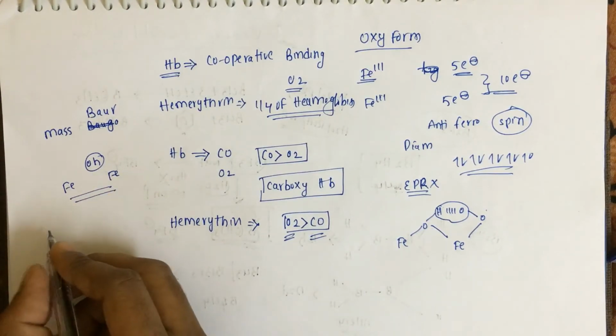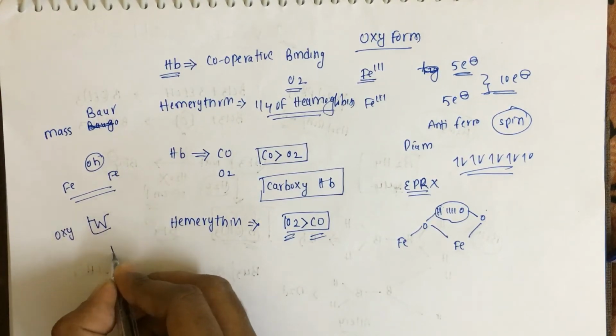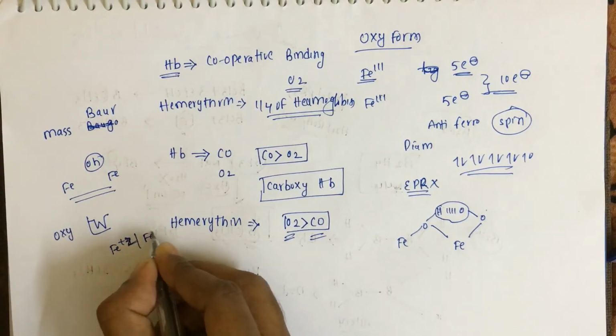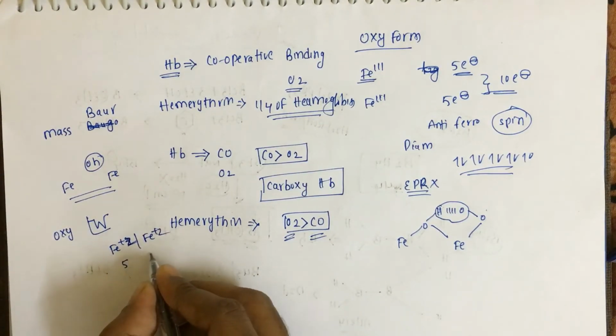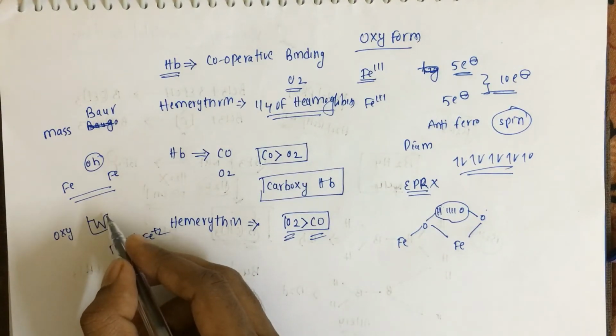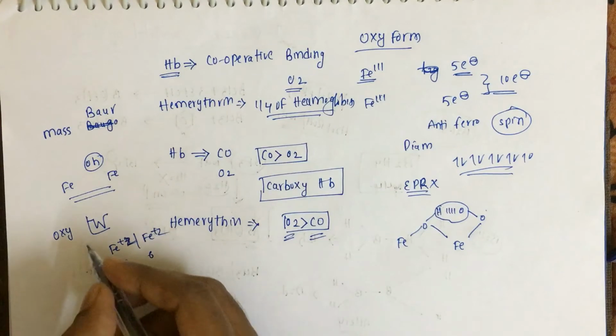So definitely for oxy form we can expect a doublet, because we have two iron atoms, one is Fe+3 and the other is Fe+2, one 5 coordinated and the other 6 coordinated. Because of that we can expect a doublet.